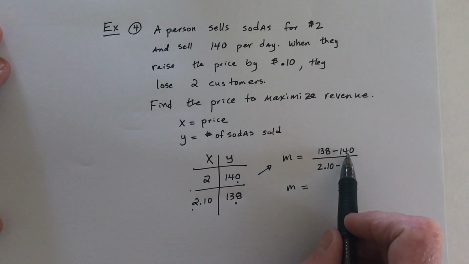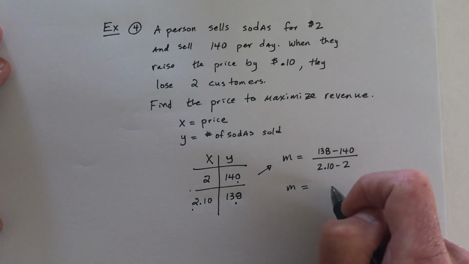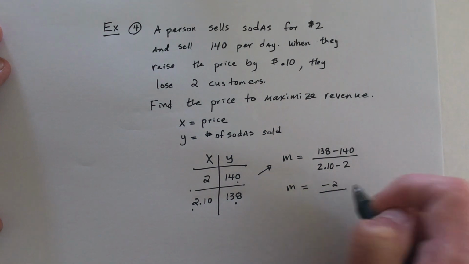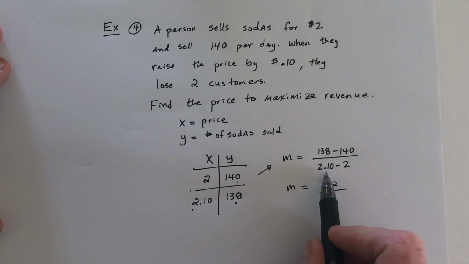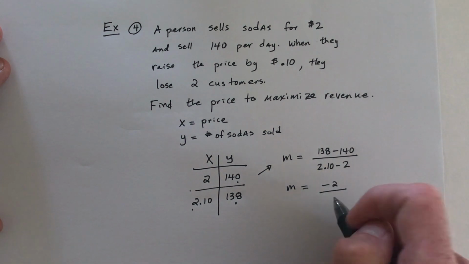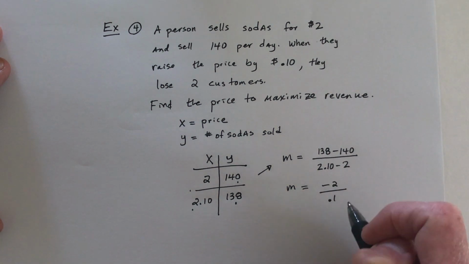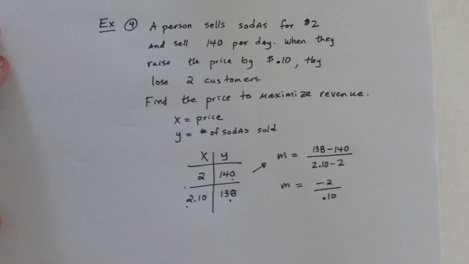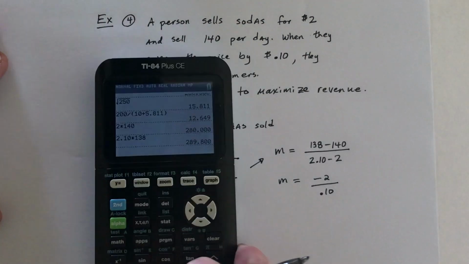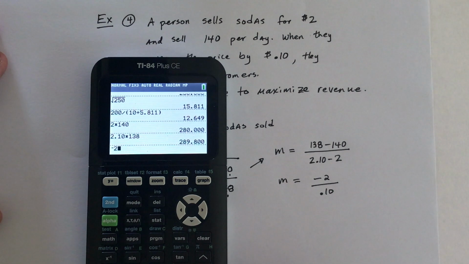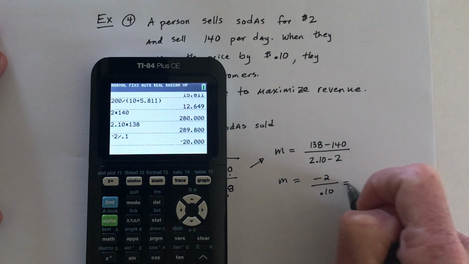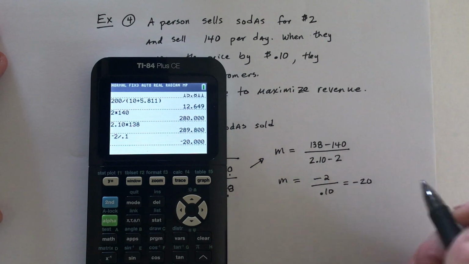On the top, that's going to be a negative 2. And on the bottom, that's 0.10 or 0.1, same thing. And negative 2 divided by 0.1 is actually equal to negative 20.